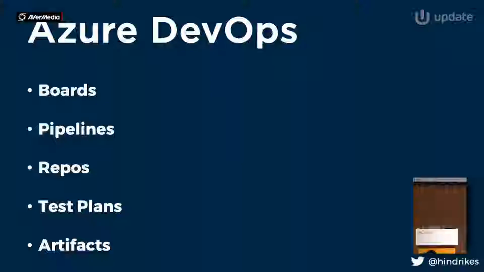And in Azure DevOps, you also have support for test plans, and you have what they call artifacts. You can, for example, have your private NuGet feeds inside of Azure DevOps. And Azure DevOps is free up to, I think it's 5 users. It was at least that before.